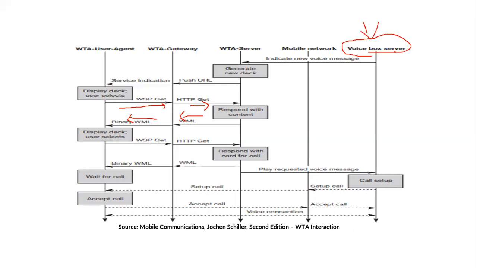Each voice message in this example has a URL. So if there are 5 voice messages, then there will be 5 URLs. Each voice message has a URL which can request a certain WML code from the server. The purpose of this code is to prepare the client for an incoming call. As soon as the client receives the code, it waits for the incoming call.